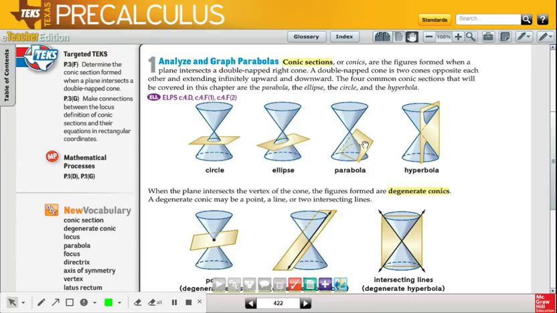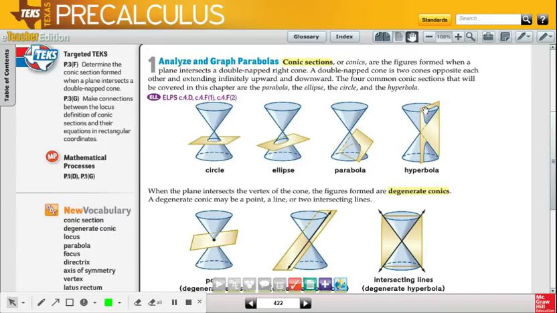Now, the third one here, the plane is intersecting the cone at a different angle, but also at the bottom part, where it will form a parabola, so like the U shape on a graph. Now, in the fourth one, you see the plane is intersecting both the top part and the bottom part, or both ends of the conic sections, vertically.